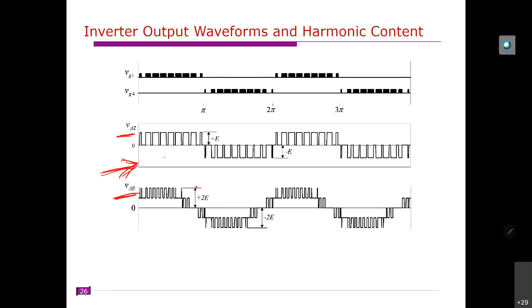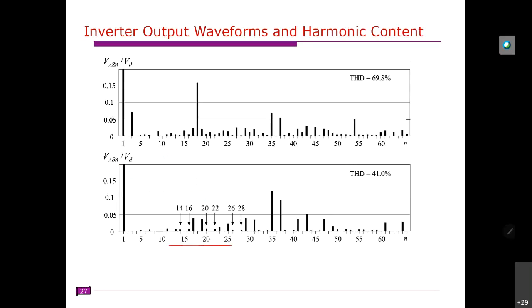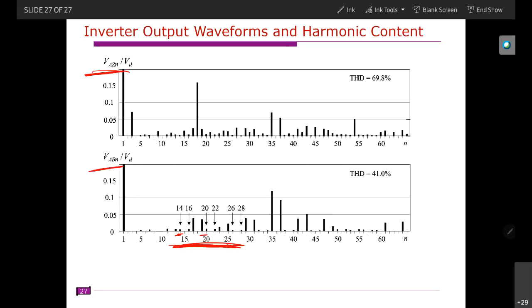Line voltage is changing from 2E to minus 2E. You can see its harmonic spectrum here. This is for A to Z, and this is for phase voltage. You can see some small even order harmonics present here.